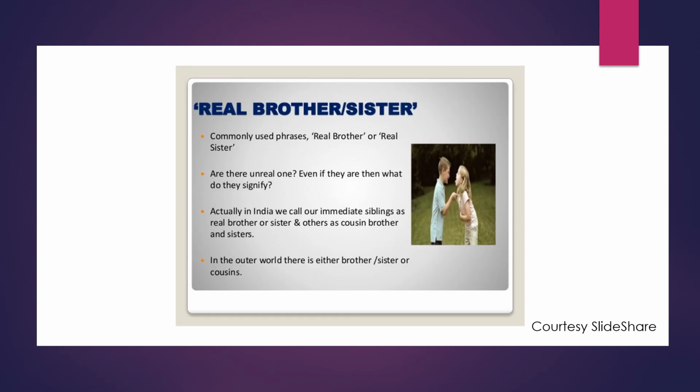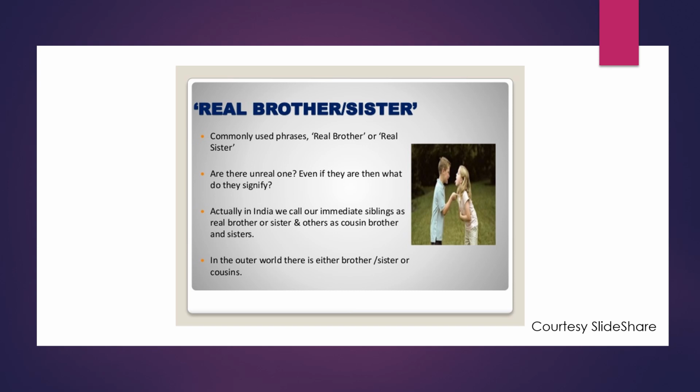This again comes up as a very common kind of Indianism, usage of Indian language. If you're introducing your brother or sister to somebody, you would say this is my real brother or that's my real sister, which again is incorrect. There is nothing known as real brother or real sister, because that would mean, do you have any unreal brother or unreal sister as well, which would not make any sense.